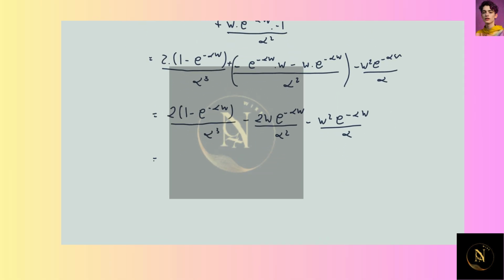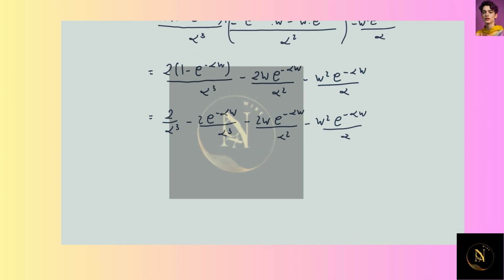Then we can keep organizing it as follows. This is 2 divided by alpha cubed minus 2 times e to the minus alpha w divided by alpha cubed, minus 2w e to the minus alpha w divided by alpha squared, minus w squared e to the minus alpha w divided by alpha. Then we can write it as follows.